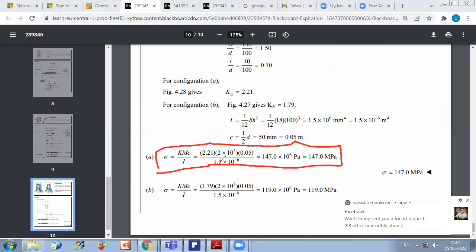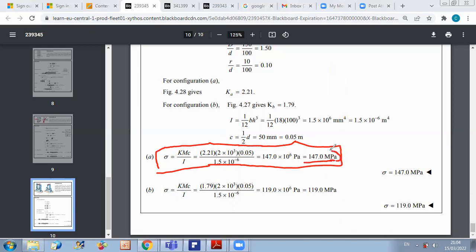So we should pay attention to select an appropriate material that can sustain a maximum compression and maximum tension above 147 megapascal for geometry A. And for geometry B, you should use a material able to sustain tension and compression above 119 megapascal.